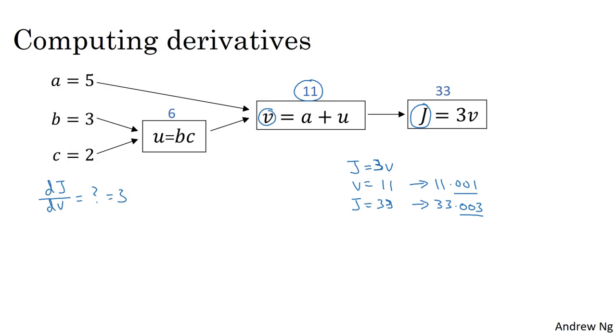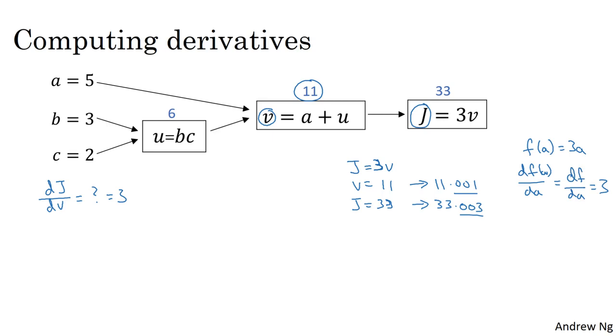And in fact, this is very analogous to the example we had in the previous video, where we had f of a equals 3a, and so we then derived that df dA, which with slightly sloppy notation, you can write as df dA was equal to 3, right?